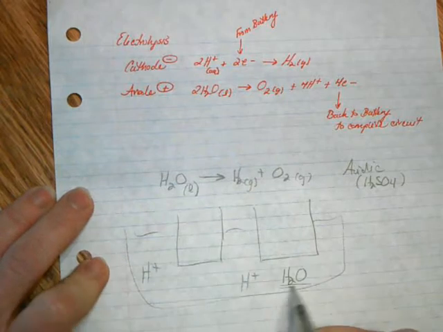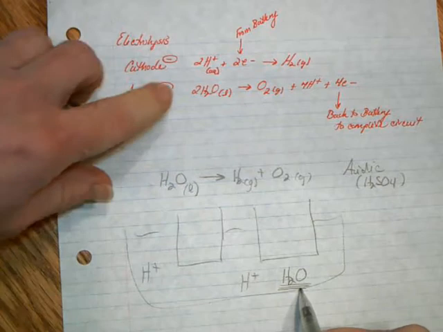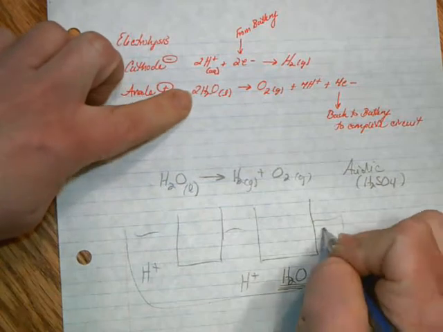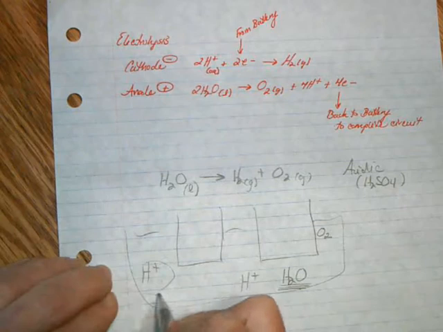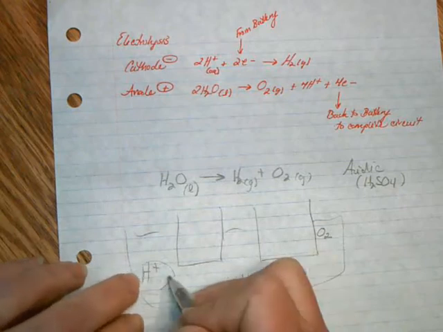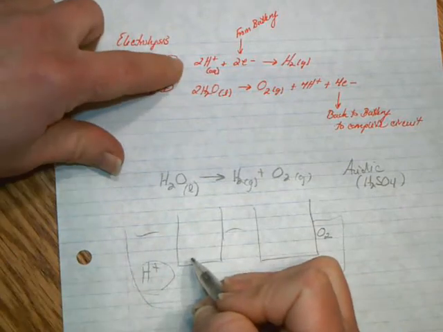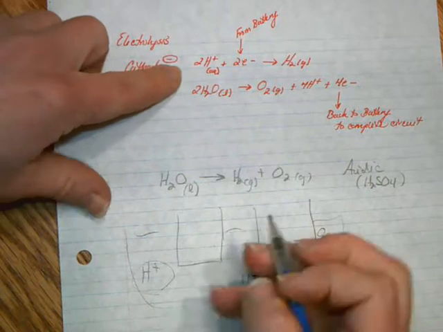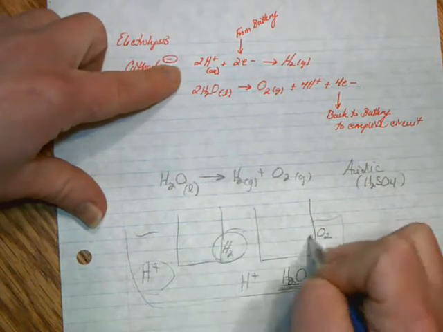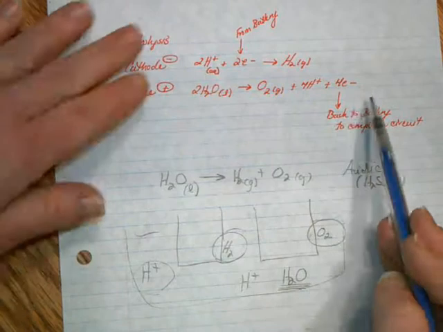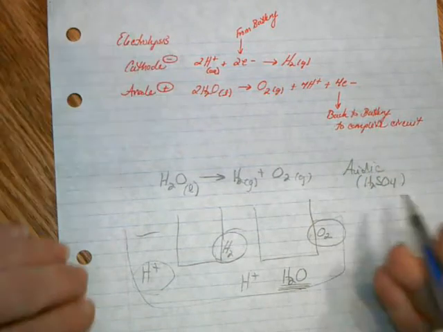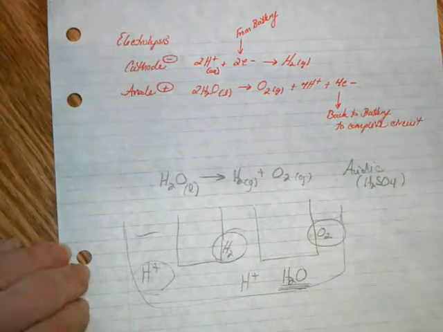What we're doing with water is actually oxidizing to create O2, and it's actually the hydrogen ion, not water, that then creates the reduction and creates the hydrogen for us. So it's these reactions together that actually complete the electrolysis of water.